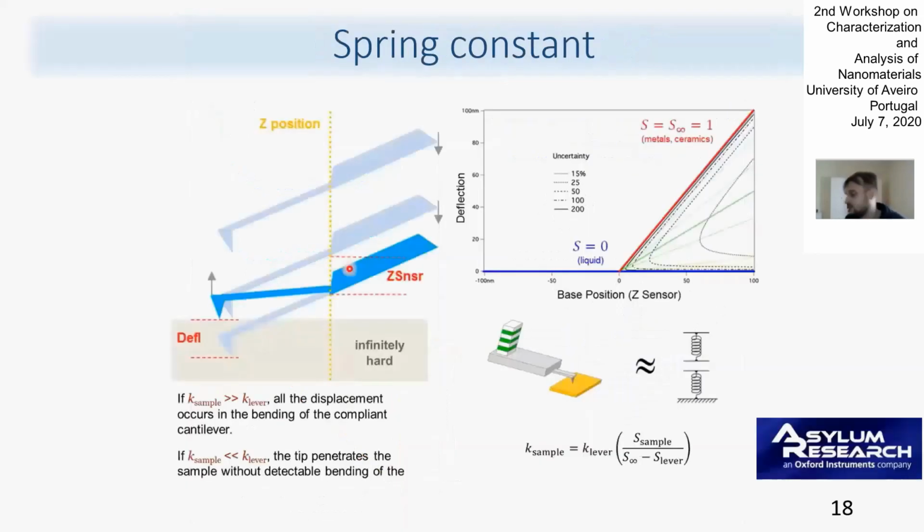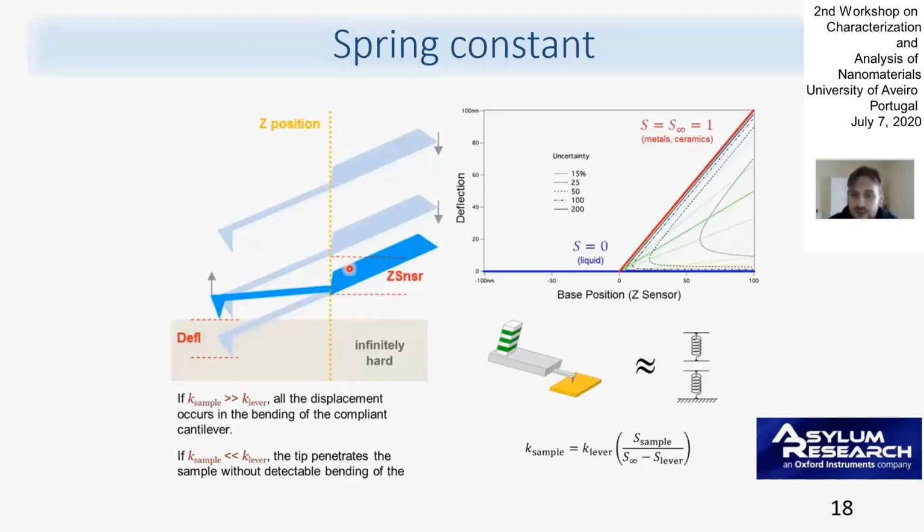In any interaction between tip and surface, we have actually two elements, which is depicted here on the screen. And we have actually two stiffnesses.